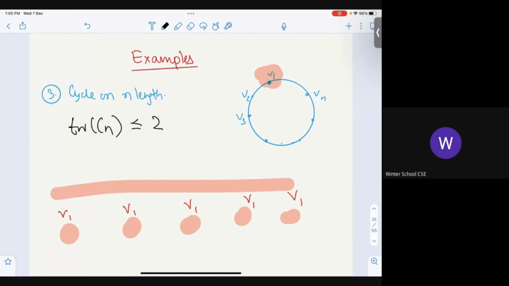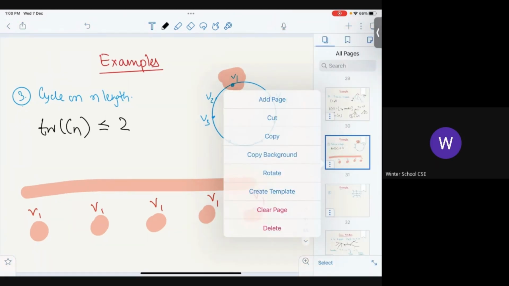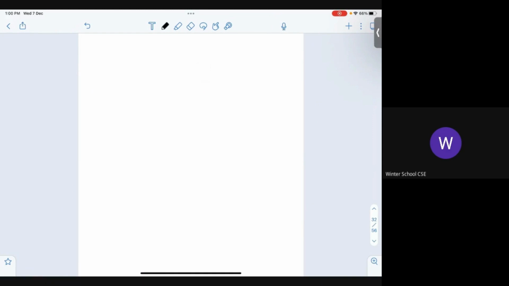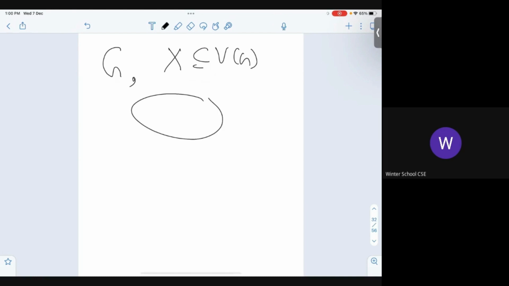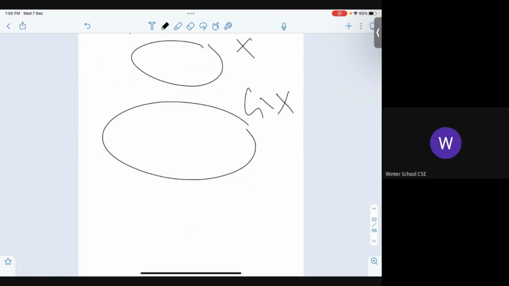Okay, but what can we take from here? Here G is a graph, and X is some vertex set of G, and you consider X and you consider G minus X. Now we just learned that another way to make a tree decomposition is to first make a tree decomposition of G minus X and then add all of X to all bags.